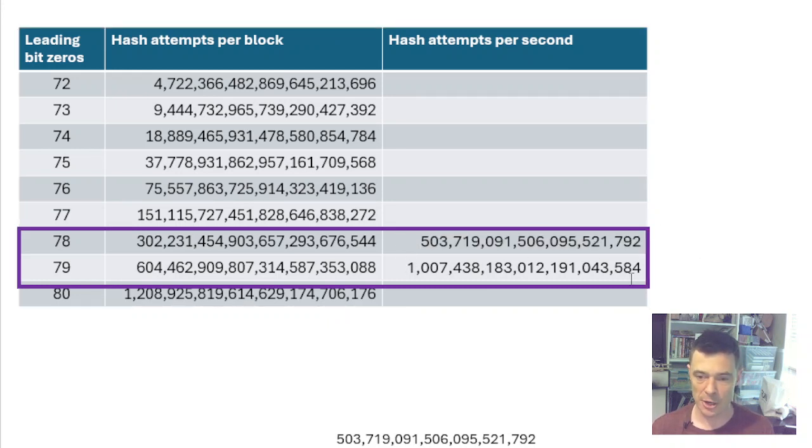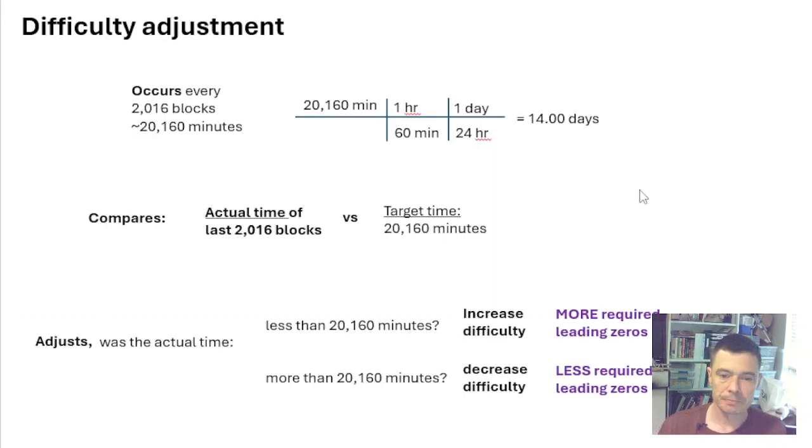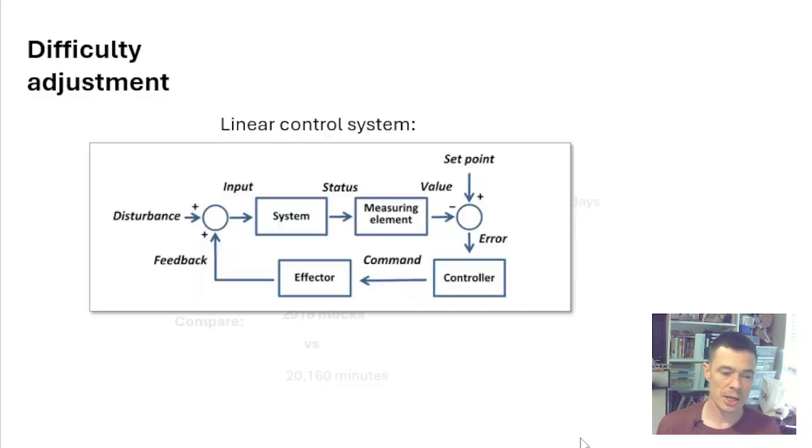The network is trending more towards 78 leading zeros right now. And that takes us back to our starting point: when we compare the actual time versus target time, there's actually some nuances into how the software performs this, but essentially we're just going to increase the amount of leading zeros, or we're just going to decrease the amount of leading zeros. And that's how we keep blocks spaced out every 10 minutes.